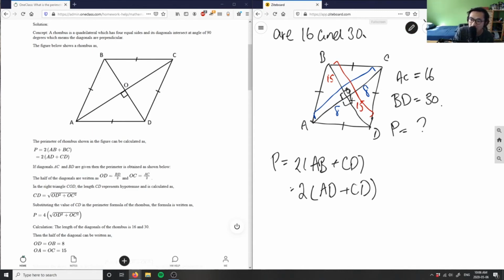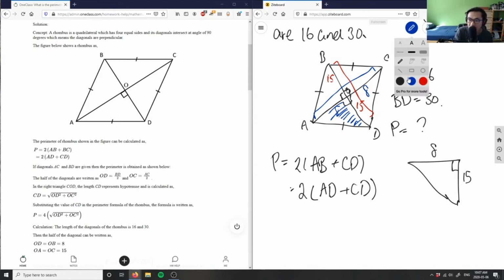So we have a right triangle with 8 on this side and 15 on this side. I'm redrawing this triangle here, with a side length of 8 and a side length of 15, and it's asking us what the side length here is.